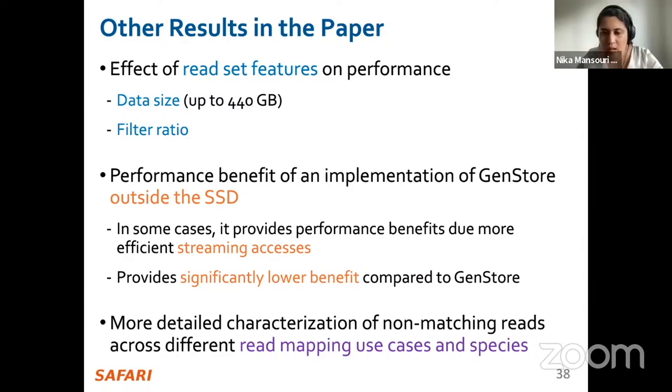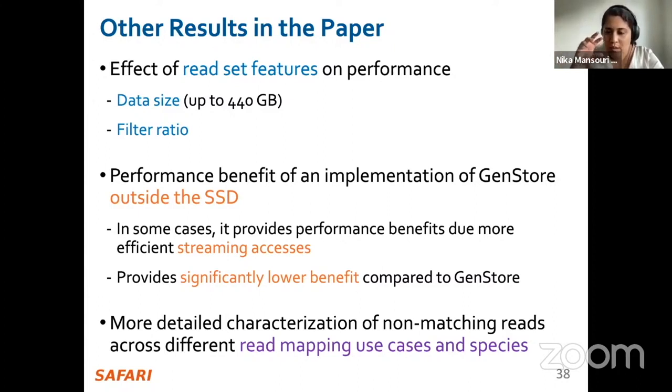A couple more questions I have. Something that you need for the EM version of GenStore is that the reads are sorted, right? So where is this sorting happening? That's a very good question. We measure the throughput of sorting for different batches of reads that get generated from the sequencing machine.